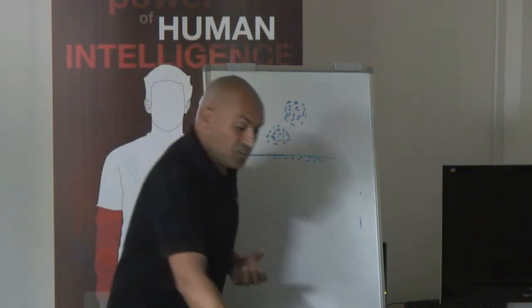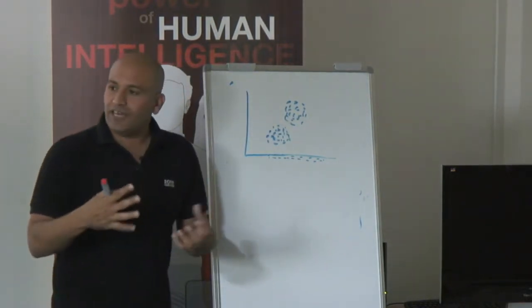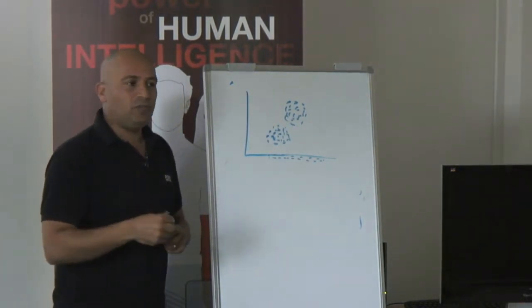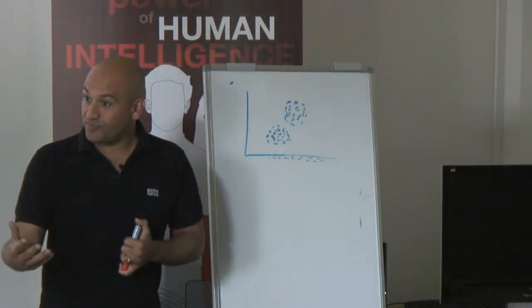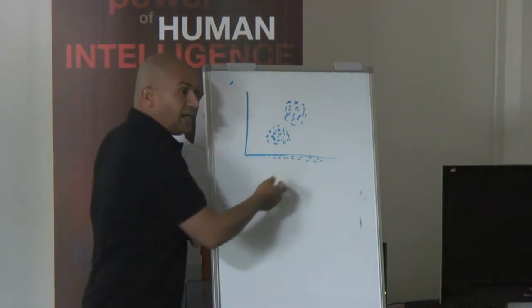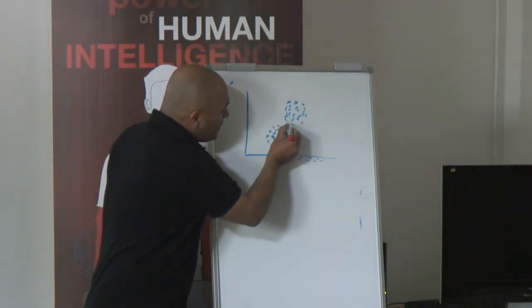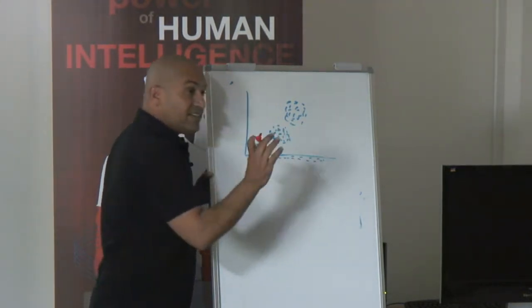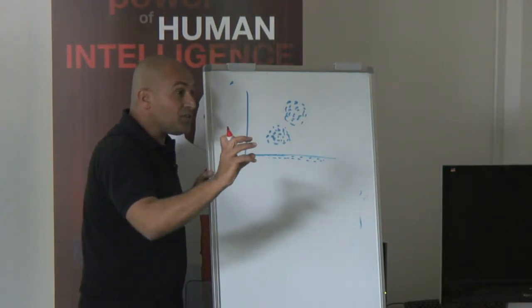Let's assume you have a lot of data, and one of the axes will be, for example, the gender. And now you realize that there is a clear classification of these points based on gender.